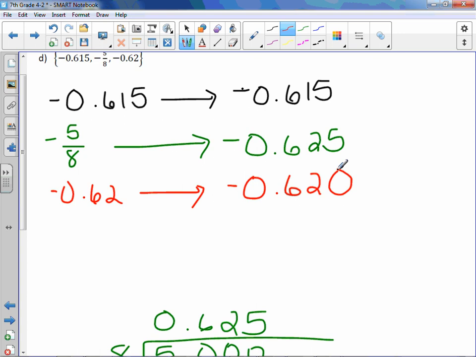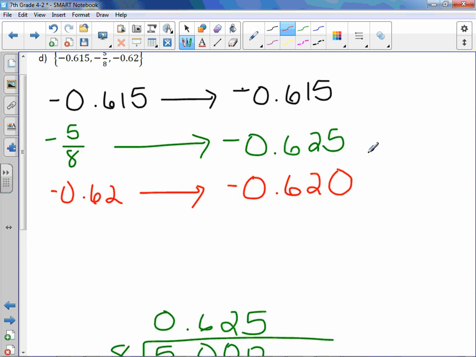Now we want to know the smallest number. So you might say, well, 615 is smaller than 625 and 620. But remember, we are dealing with negatives. So what we think is the biggest is actually not. It's the furthest away from 0 in the negative direction.